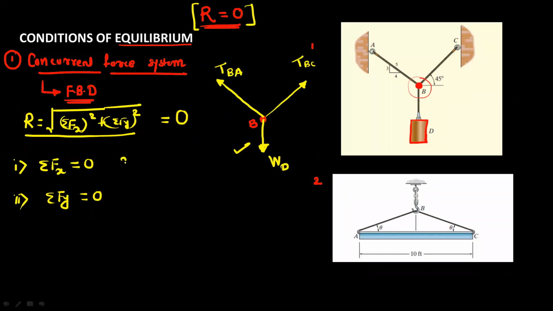These are the conditions of equilibrium for a concurrent force system. If any system satisfies these conditions, then that system will be in a state of equilibrium. So you note down these conditions. This is the first force system, the concurrent force system.